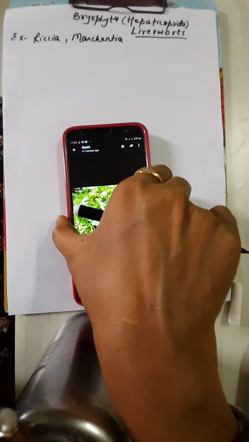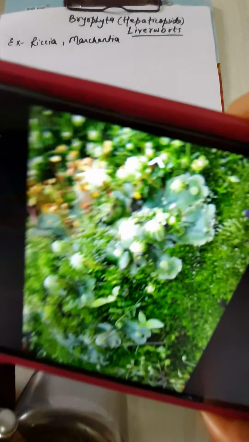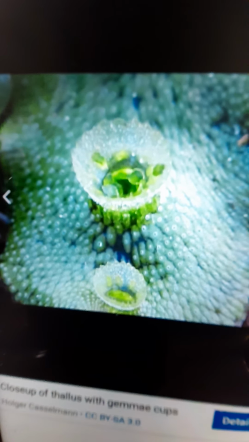Riccia and Marchantia. Before this, I would like to show the diagram of Marchantia, how it actually looks. See, so this is Marchantia, and these are gemma cups in thallus.